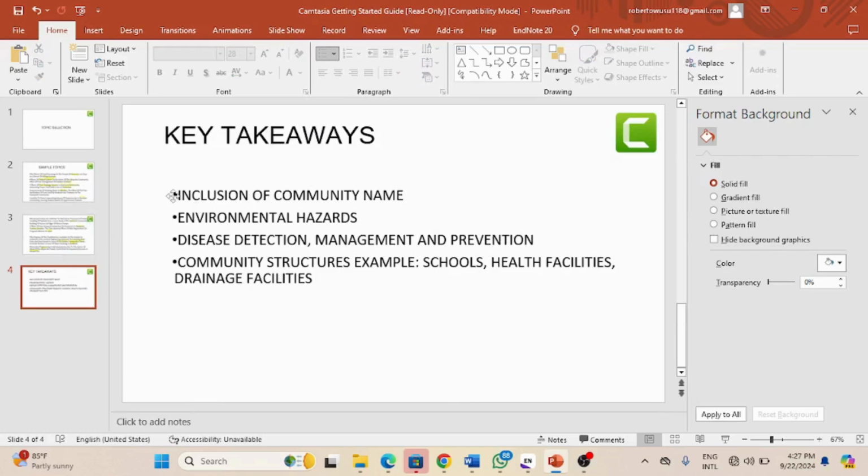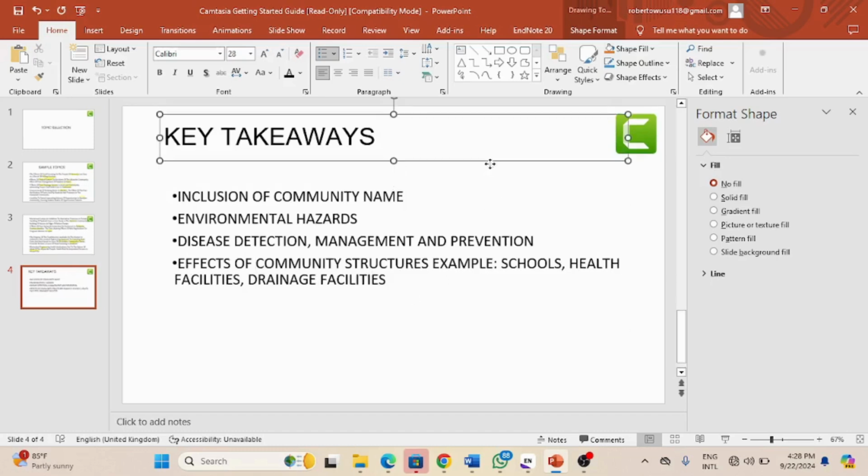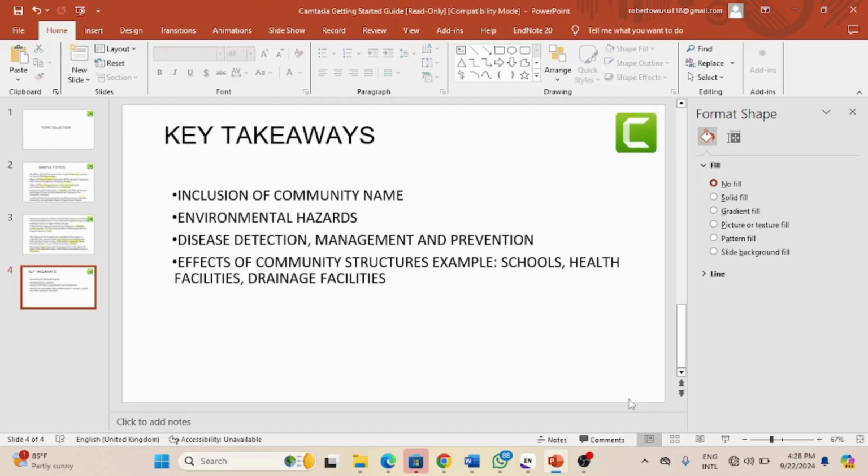We saw that there should be inclusion of community name, environmental hazards, disease detection, management and prevention, and community structures. For example, you have schools, health facilities, and drainage facilities. So let me make it effects of community structures. Let me say it that way.